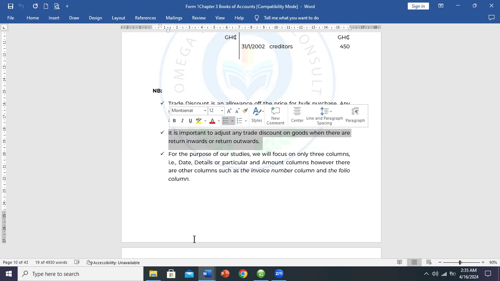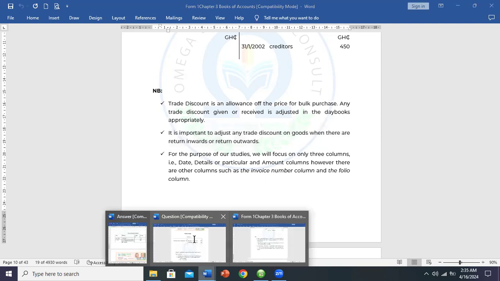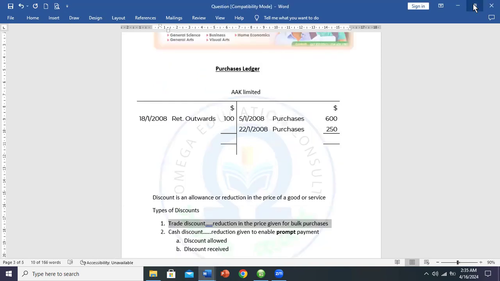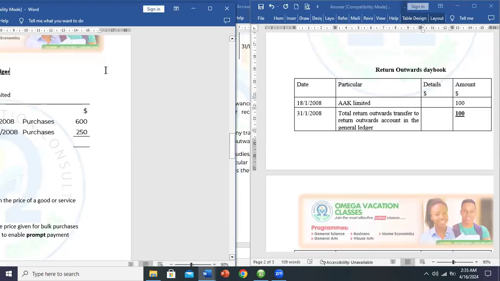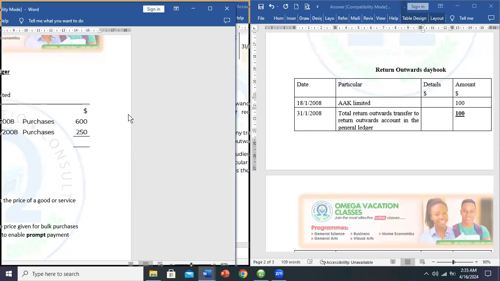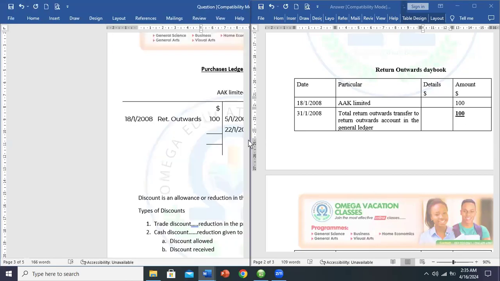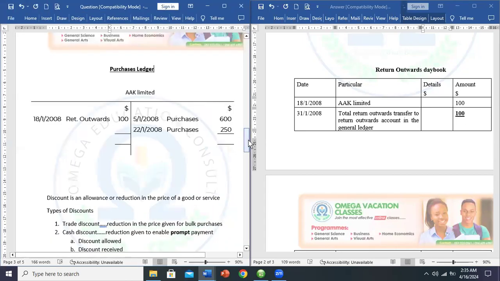Let me go to the example we solved so that it will make better sense than this oral explanation. So let's take, for instance, in the example that we solved there, we had a discount given by one of the suppliers.